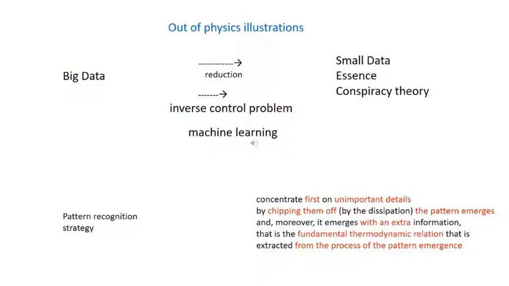There are many examples in biology, in social sciences, and in principle, this viewpoint I've been talking about applies here. In particular, we can think about big data. The reduction problem is pattern recognition to extract some kind of essence, which we can see allegorically as some kind of natural conspiracy theory.